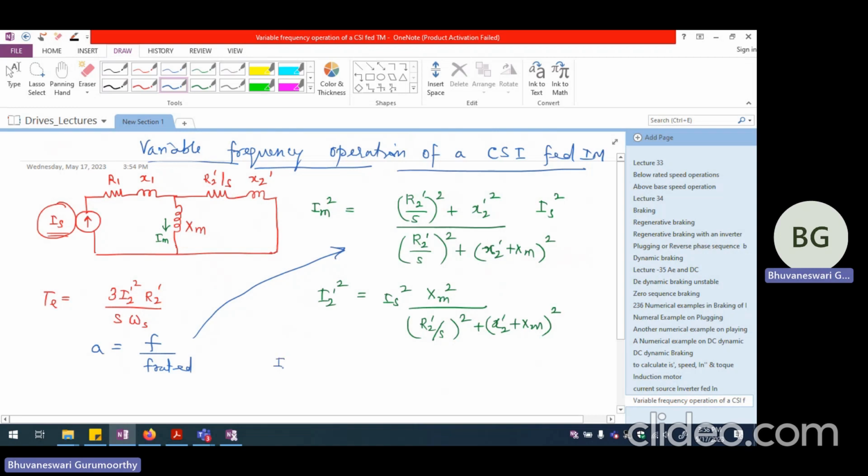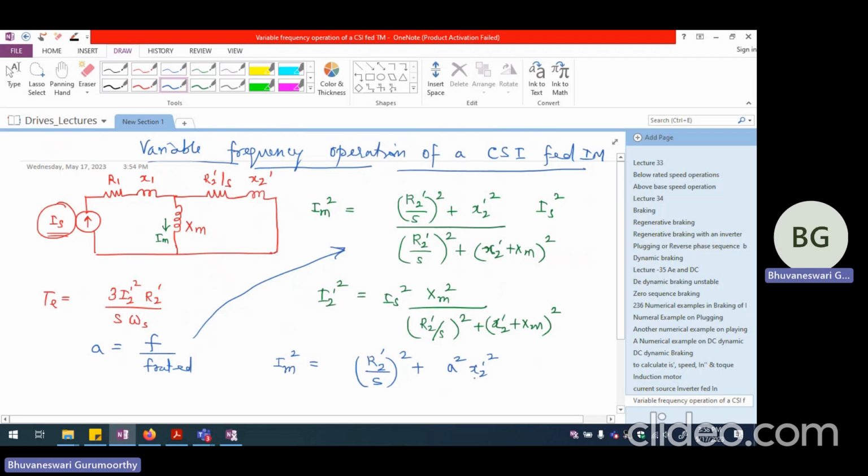So I can say Im square equal to, the resistance probably would vary somewhat slightly because of the frequency variation, but we are neglecting it. It can change due to skin effect, but I am neglecting it here. So I can write this as R2 dash divided by S, the whole square, plus A square X2 dash square.